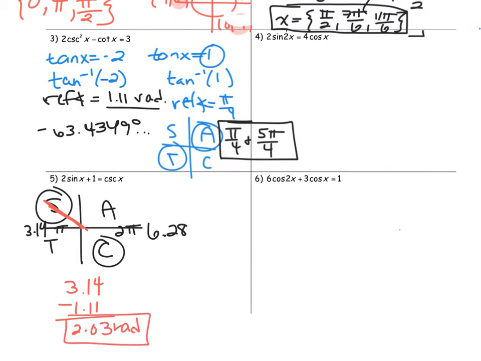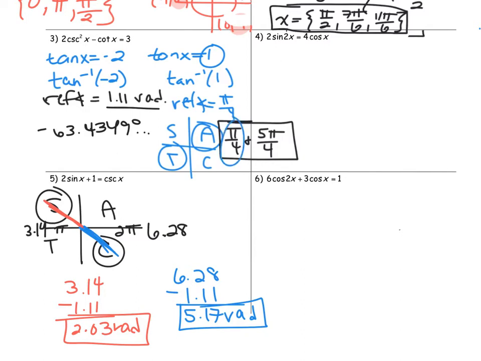So that's one of them. Now the other one comes from here, where my reference angle again is that 1.11 radians, and I'm subtracting it from 2 pi. So I have 6.28 minus 1.11. I end up getting 5.17 radians.